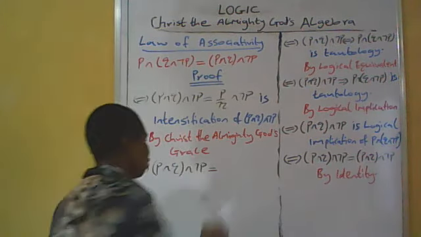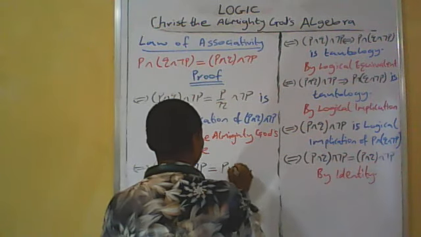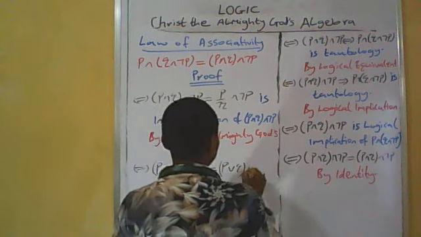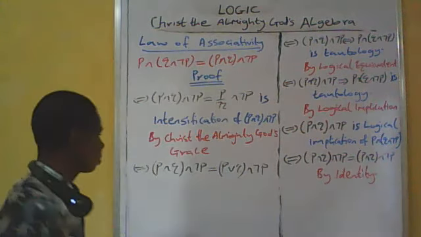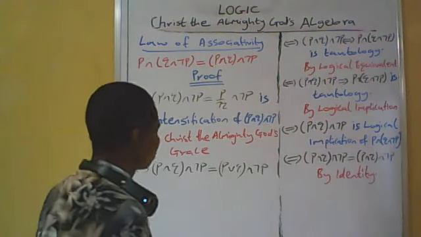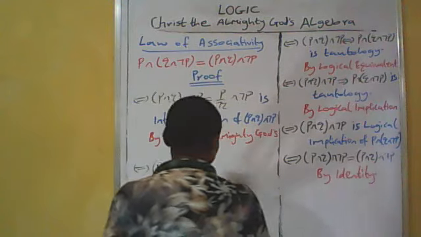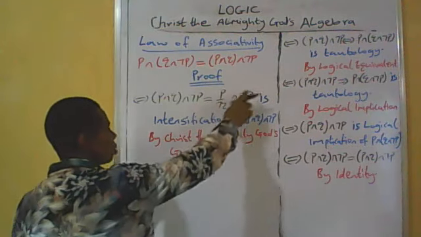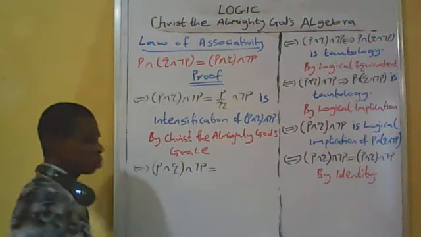That means we're going to have P and Q and not P. I'm going to distribute it. I'm going to distribute this not Q to this not P, the second conjunct.